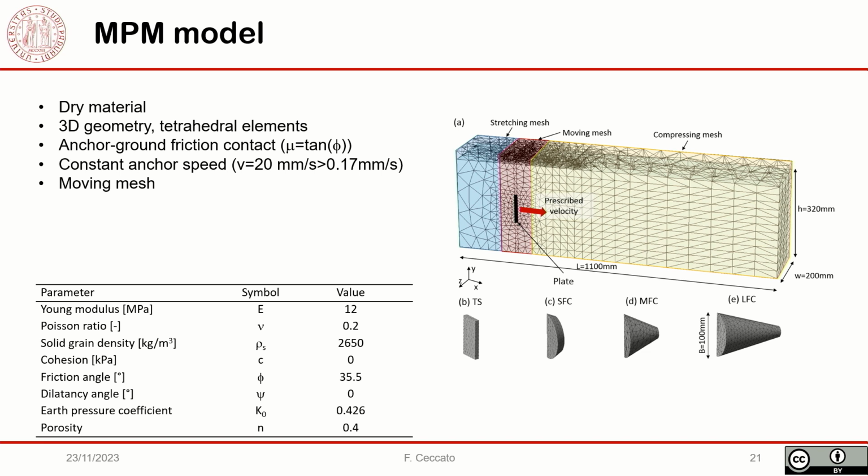Then we performed some numerical tests. These tests are three-dimensional, so we drew the correct geometry of the anchor, and we applied the contact at the interface between soil and the anchor. We applied the prescribed velocity at this anchor, measuring the resistance at the anchor itself.